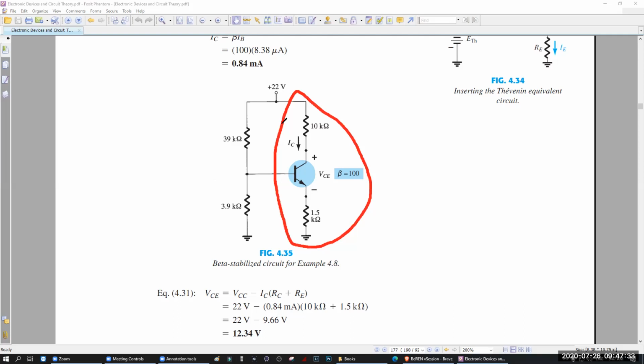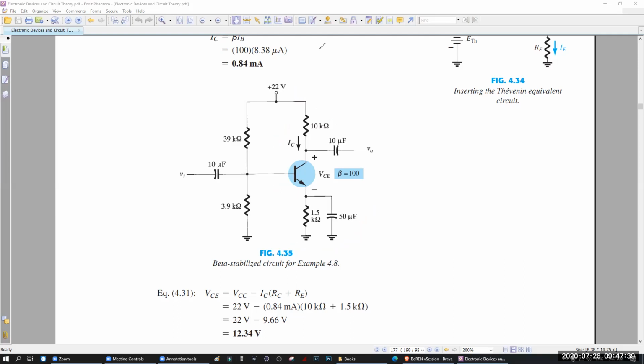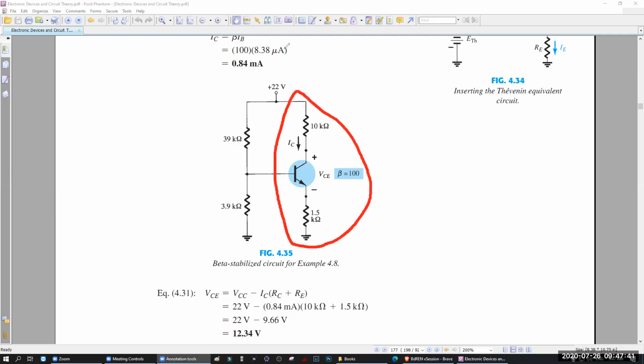So what we are going to do, I'm going to make them separated. How to make them separate? See, here we have 22 volt. So we're going to write 22 here, and 22 here. That means separately. Same thing, right? Yes, sir.